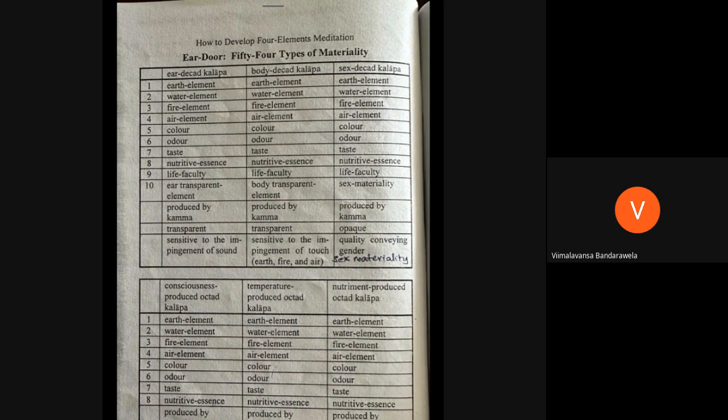That means in the nose you have the Ghana Dasaka Kalapa, in the tongue you have Jivha Dasaka Kalapa, and all over the body you have Kaya Dasaka Kalapa. So these Kaya Dasaka Kalapa, those are the transparent materiality. Other all are not transparent. Those are opaque materiality, taking different color, for example, white color, light orange color, or light yellow color, or whatever the color, which is different from the transparent materiality.